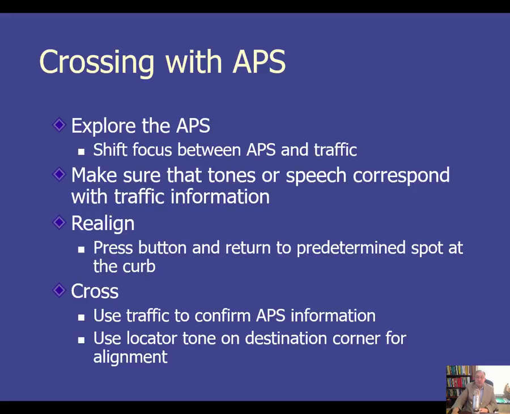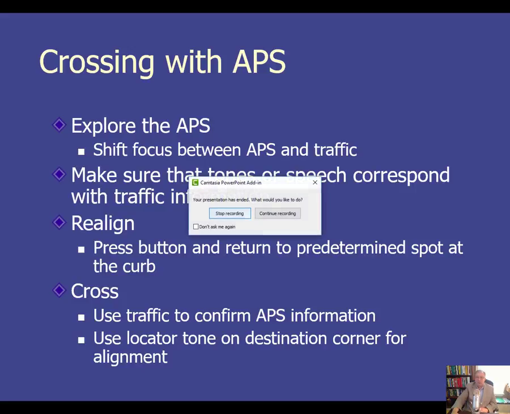And in crossing, use the traffic to confirm that it's time to cross. Don't use the APS to tell you it's time to cross. APS tells you get ready. And you can use the locator tone on the destination corner for alignment. Sometimes it works, sometimes it doesn't. And that's the information that I wanted to present on APS signals.